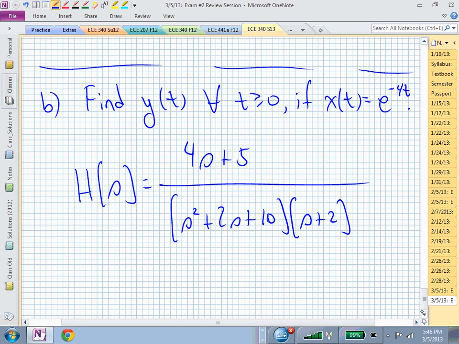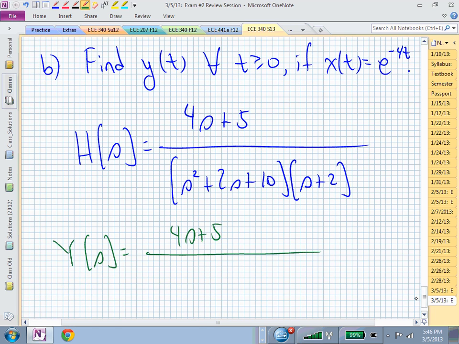What do you have for that? Well, now you can simply find capital Y of s. That's H of s times X of s, which is 4s plus 5 all over s plus 2 times this quadratic. Is it complex roots or real roots?